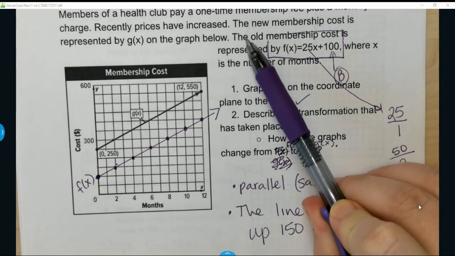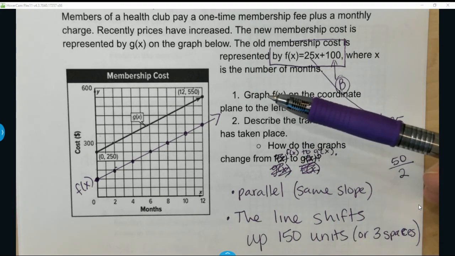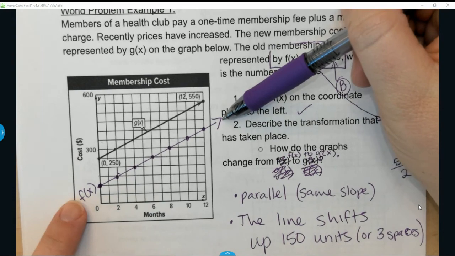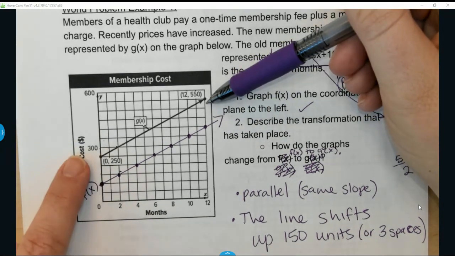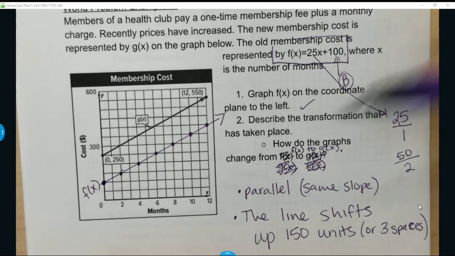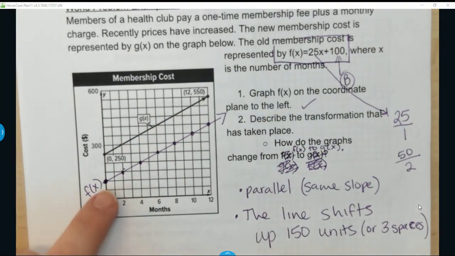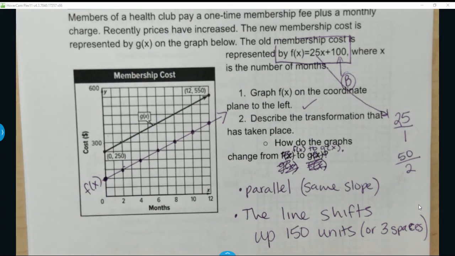And we know from the word problem, but also looking at the graph, if you're looking at that original membership cost, f of x, looking at the new one, it does increase, which means if it's increasing and they have the same slope, then that y-intercept must be the thing that increased, which is correct, and went from 100 to 250. So that's why we said 150 units that it shifts up, but really it's only 3 spaces.